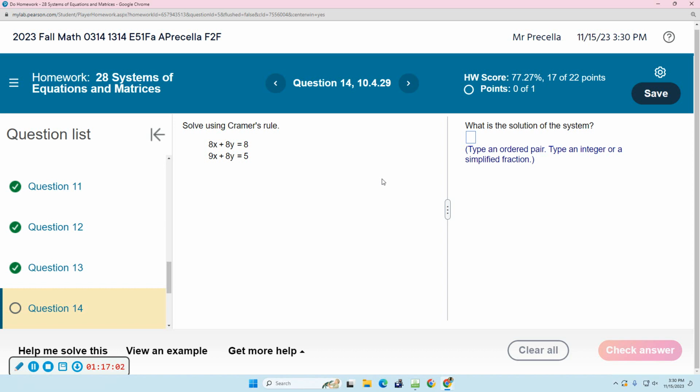8x plus 8y is equal to 8, and 9x plus 8y is equal to 5.